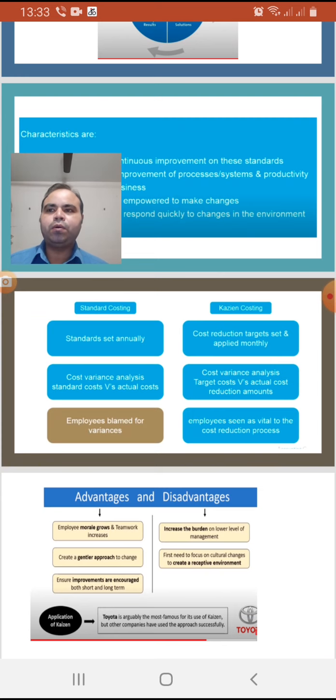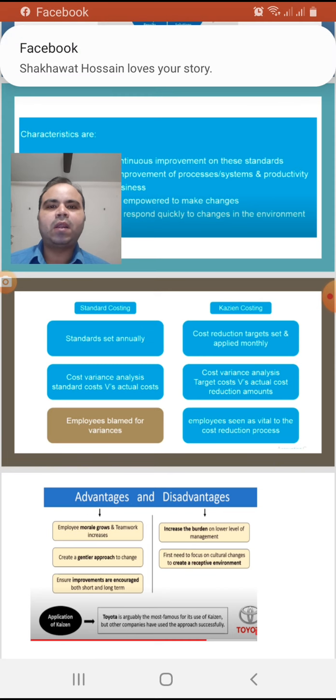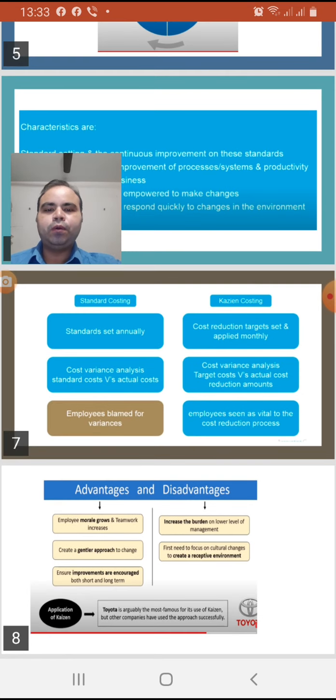Now we would like to discuss the difference between standard costing system and Kaizen costing system. In standard costing system, standards are set annually, but in Kaizen costing system, targets are set and applied monthly. In standard costing system, we do standard versus actual variance analysis.